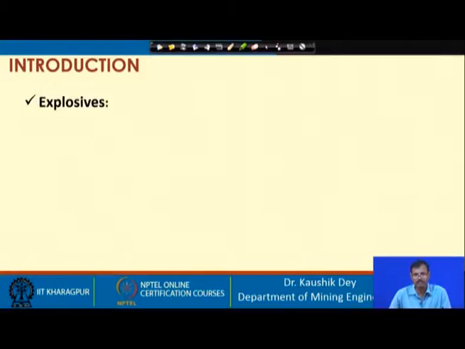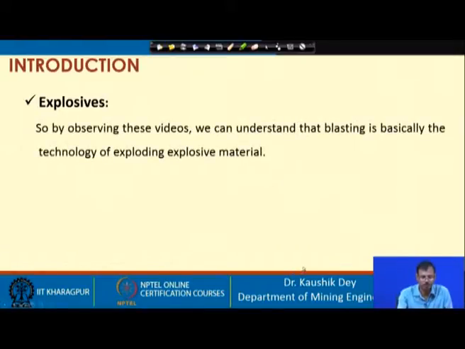If coal is burning, wood is burning, can it be called explosive? No, these are not explosive. Essentially, explosive should have some property, and that is why it is so devastating and so dangerous.